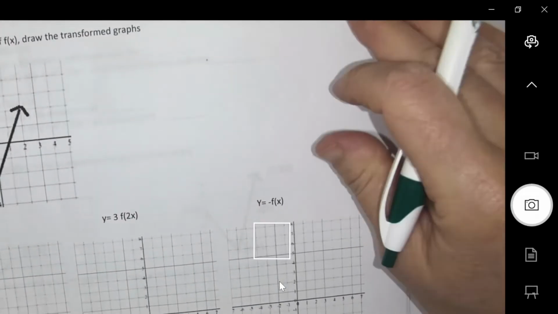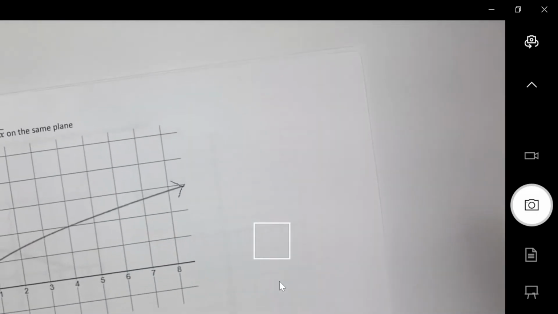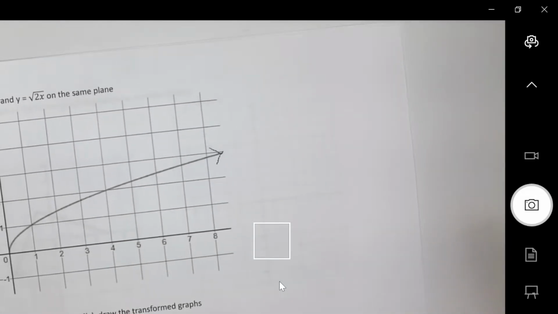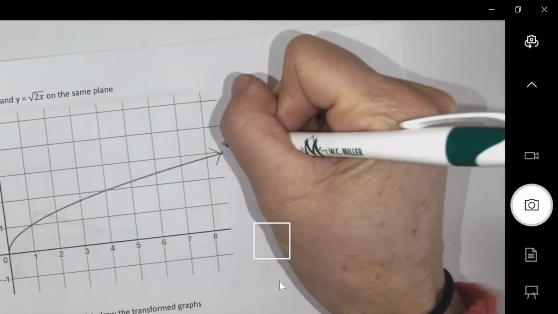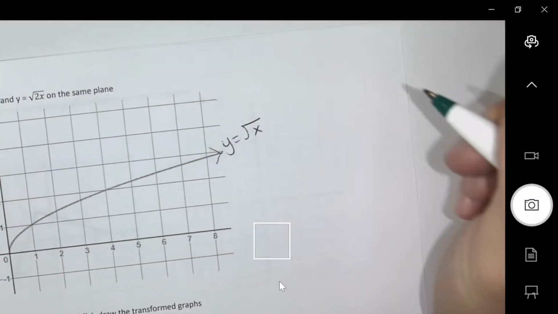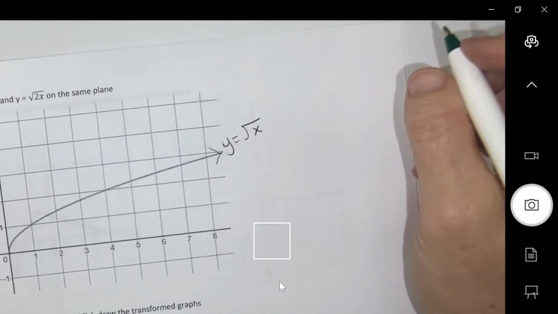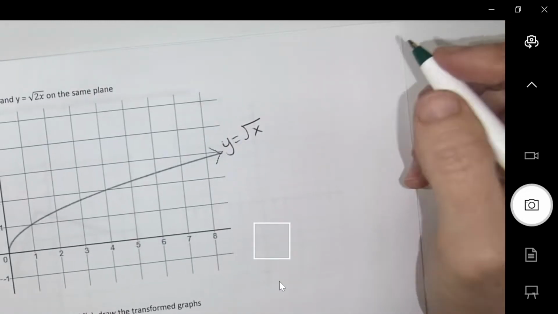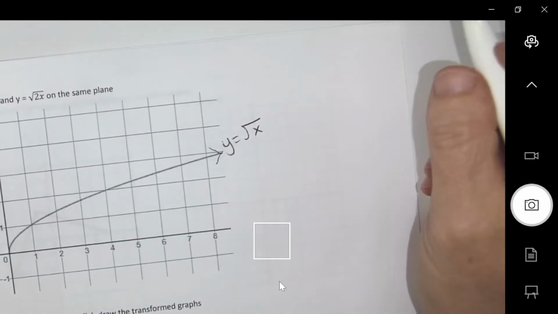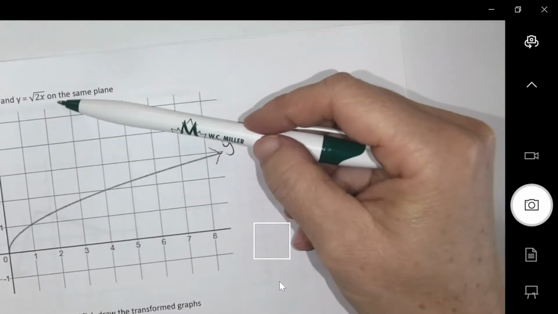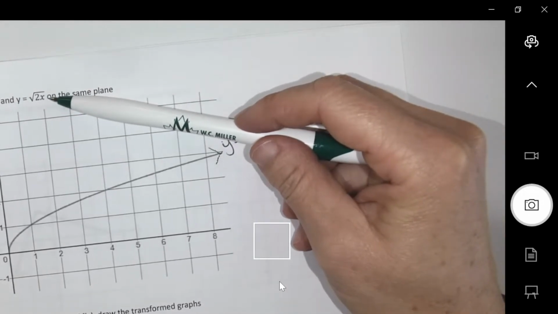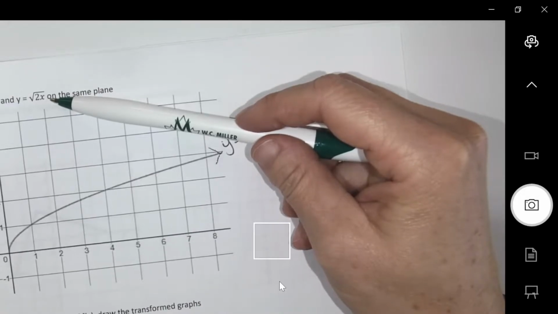Okay, let's try another one. So this is the graph of y equals the square root of x. You're going to learn that next unit, how to graph them. So I did it for you. Now you're going to do the graph of y equals the square root of 2x.